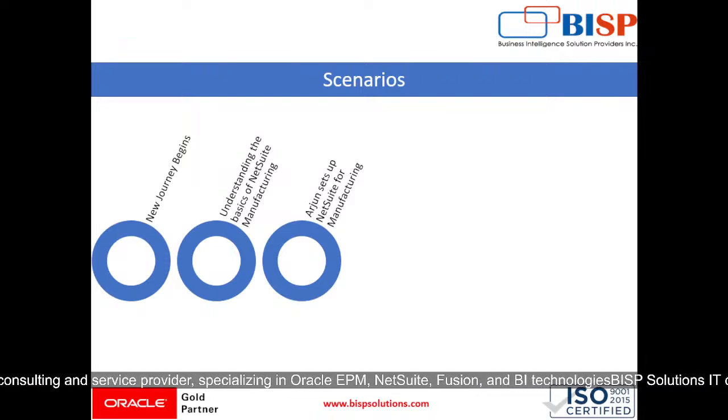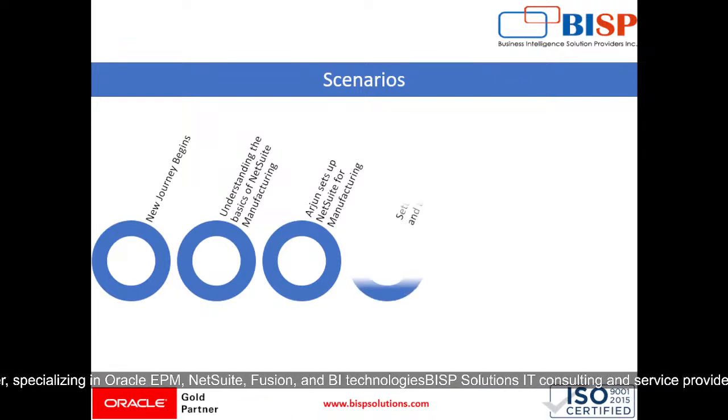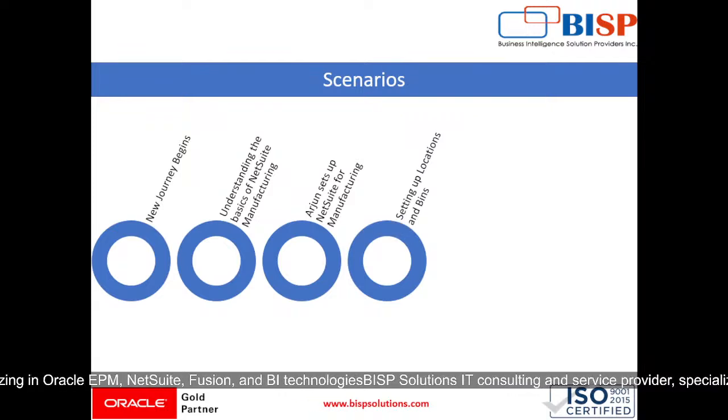That was easy, Arjun thought, but he knew there was much more to do in the NetSuite manufacturing module. So he took the fourth step, setting up locations and bins. Next, Arjun had to define where the raw materials and finished goods would be stored. He has to create a new location: go to the Setup option, under Setup go to Company, and under Company we get Locations, and if we want to create a new location we can click on the New option.